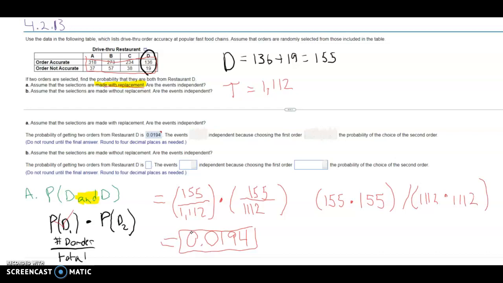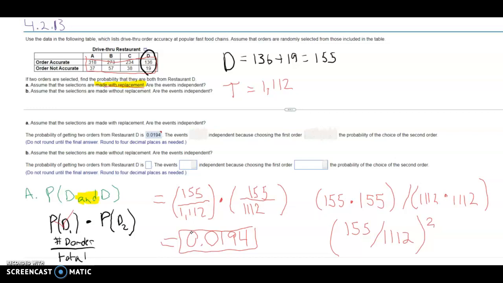Make sure your calculator knows what's on the numerator and what's in the denominator. Or, since these numbers are the same, you could do 155 divided by 1112. Since it's times itself, you could just square it. Both of these ways will come up with the same thing in your calculator.